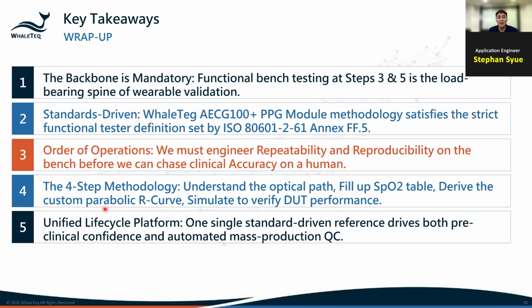Eventually, we can make good use of the bench R curve to simulate different saturation levels. From there, you can start to evaluate the performance of the DUT. So our solution doesn't only serve the R&D purpose, it also helps with quality control and production, for the automation, or even the ability to integrate into your MES systems.